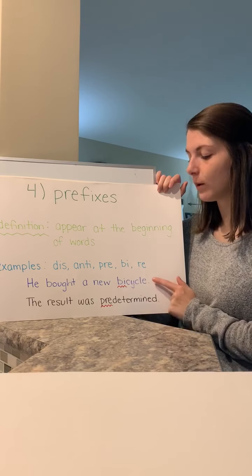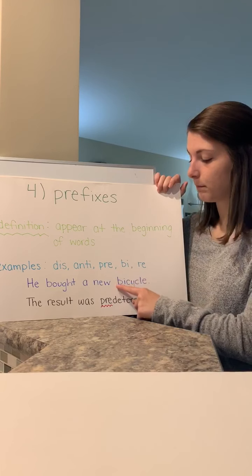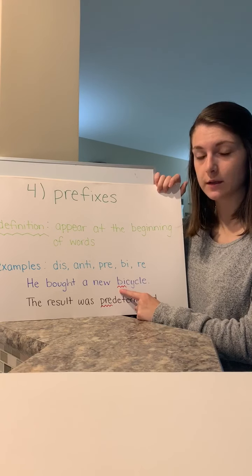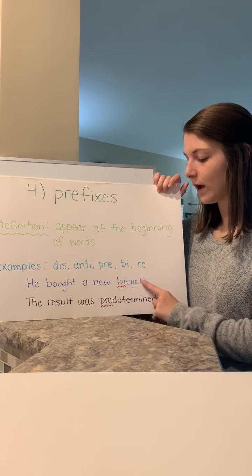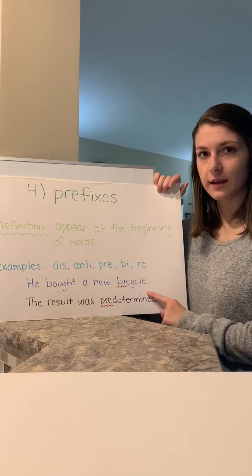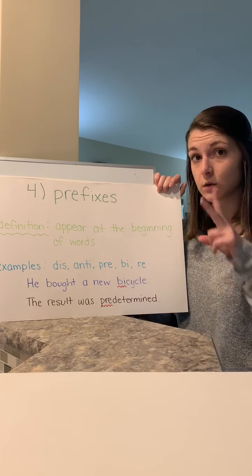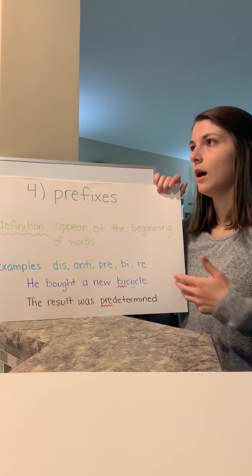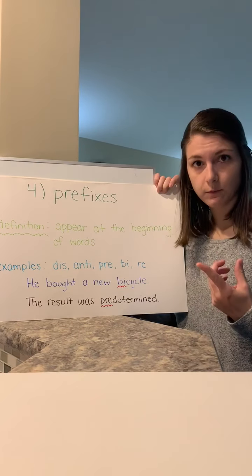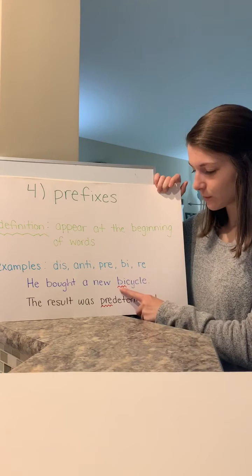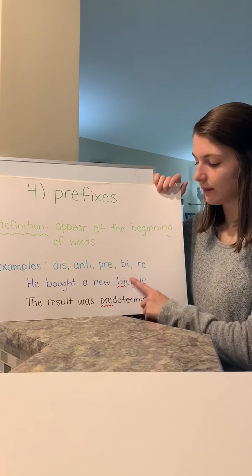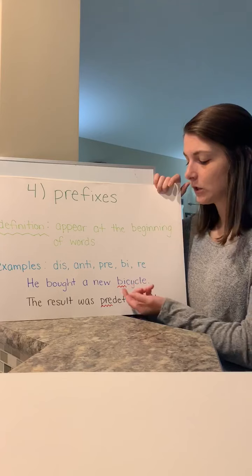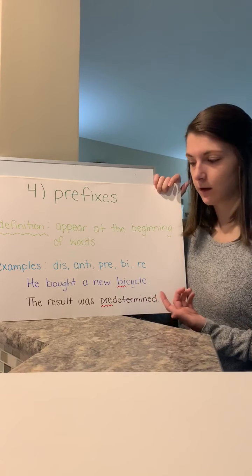He bought a new bicycle. Bi would be the prefix, and it is telling us what kind of cycle it is, right? There can be bicycles with 2 wheels. There could be tricycles with 3, unicycles with 1, right? So this prefix is changing the meaning of that word a little bit so that it makes it more specific.